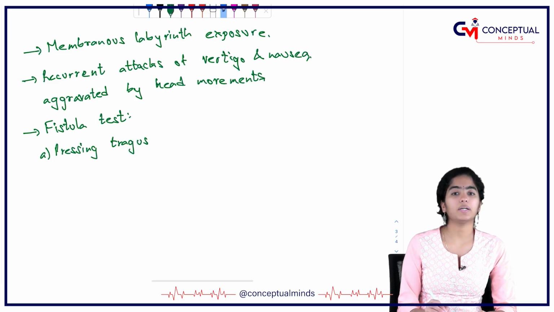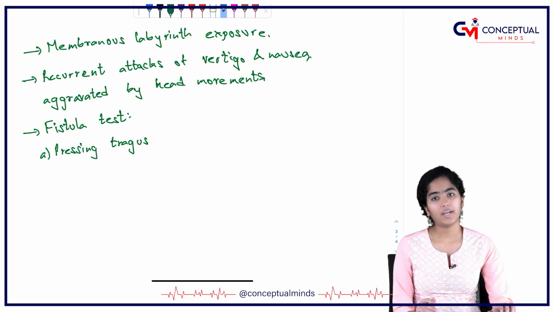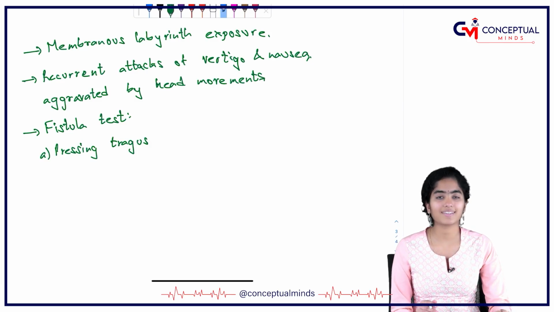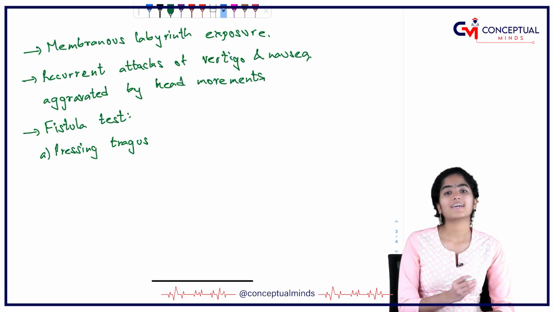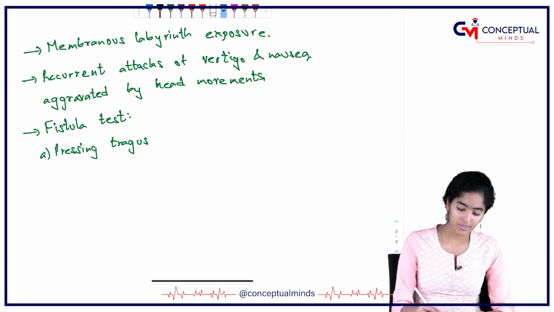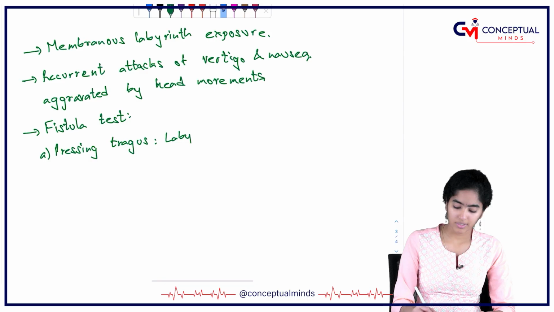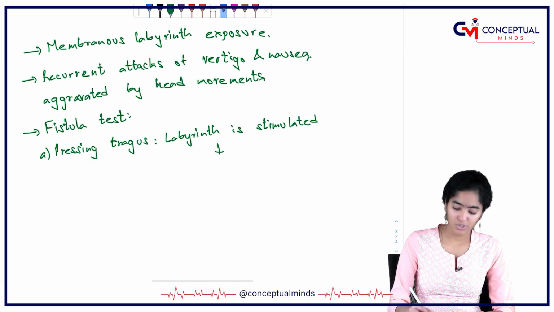When the tragus is intermittently pressed inwards, the air pressure in the ear canal increases and this is transmitted into the middle ear and in turn into the labyrinth, and the labyrinth is stimulated. When the labyrinth is stimulated, the patient complains of vertigo.